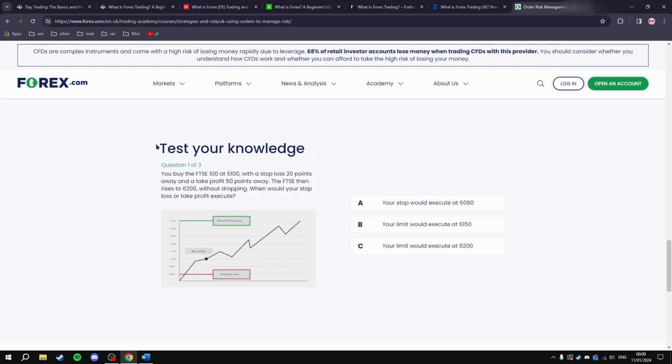So, test your knowledge. You buy the FTSE 100 stock at 6,100 with a stop loss 200 points away and take profit 50 points away. The FTSE then rises to 6,200 without dropping. When would your stop loss or take profit execute? So you take profit 50 points away, 6100.